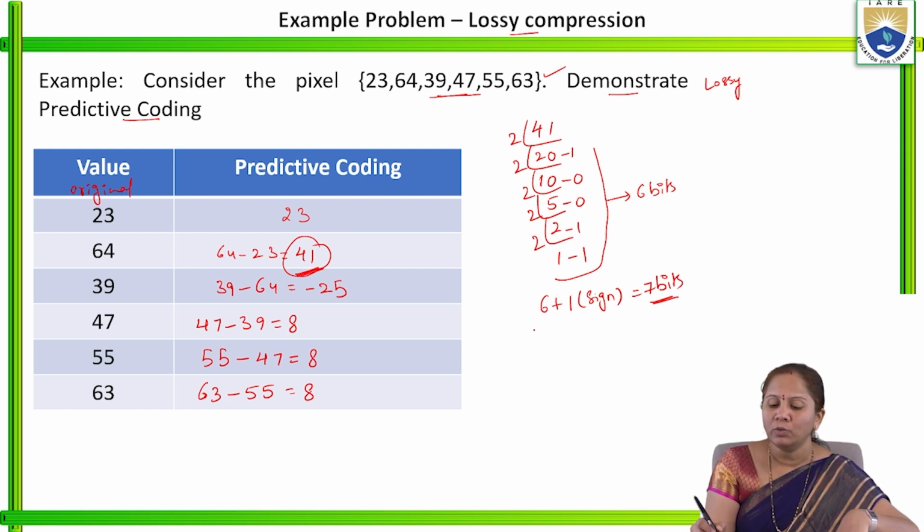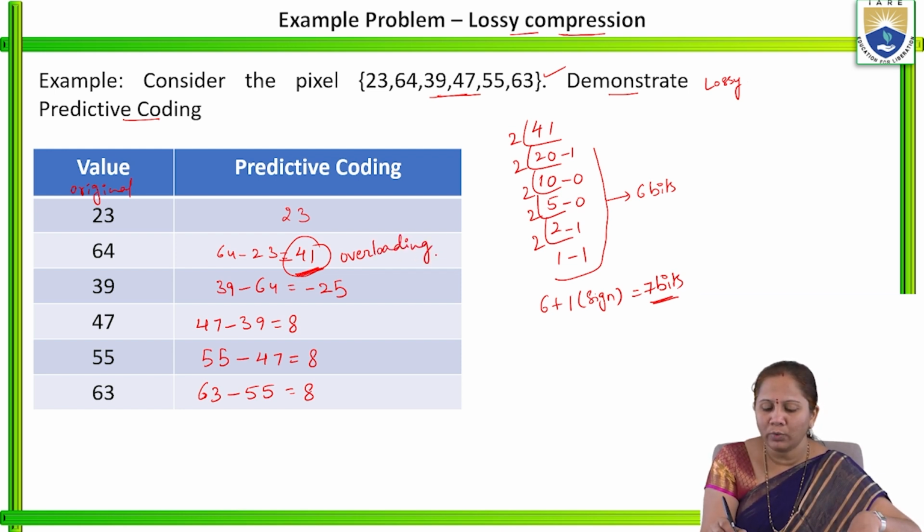So due to that reason, in the case of lossy compression, what we will do is reduce the size of this pixel value. Instead of 41, let us reduce this pixel value. We will call this concept overloading.